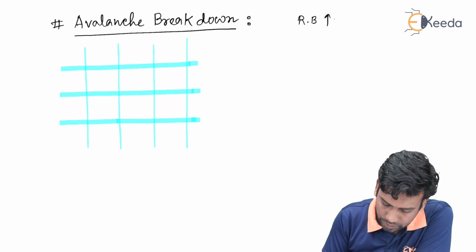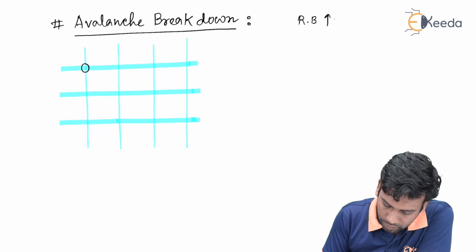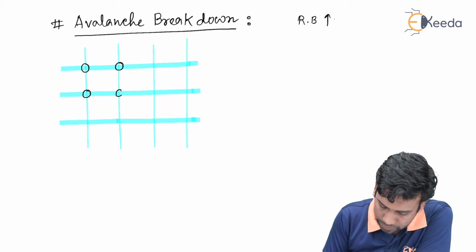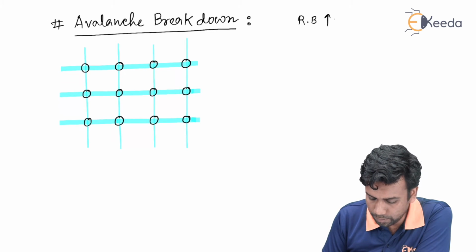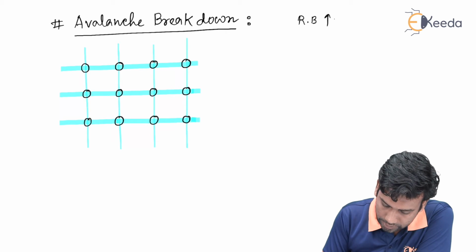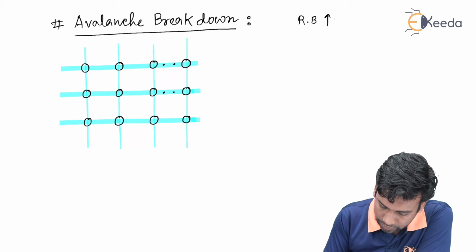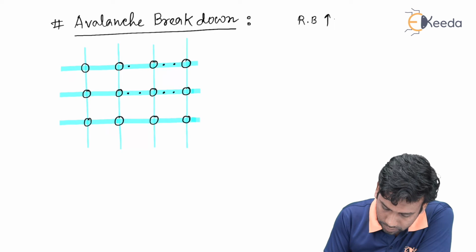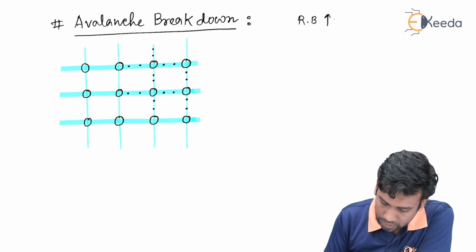Let us assume that at every corner of the lines or bonds we have a silicon in this fashion, and the bonds contain some sharing electrons this way.